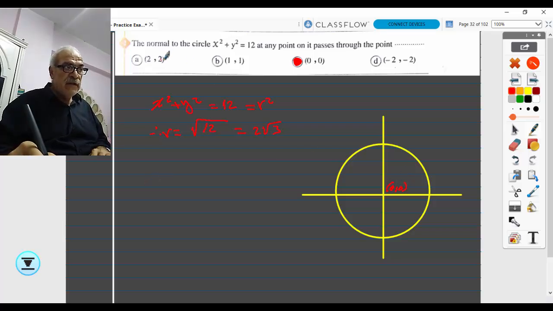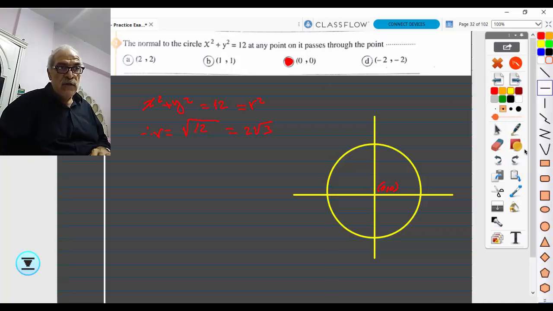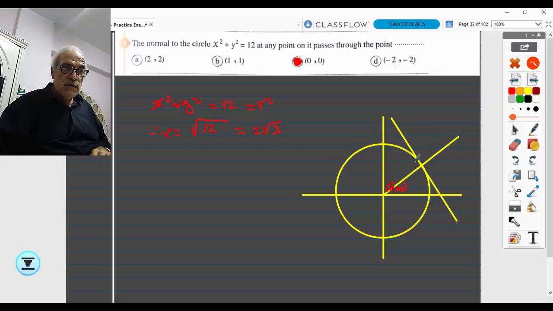Here again, the normal to the circle, we mean the normal to the tangent to the circle. When you draw a tangent to this circle at any point like this, the normal to the tangent is the normal to the circle. It must be perpendicular to the tangent and pass through the center of the circle, the point 0 and 0.